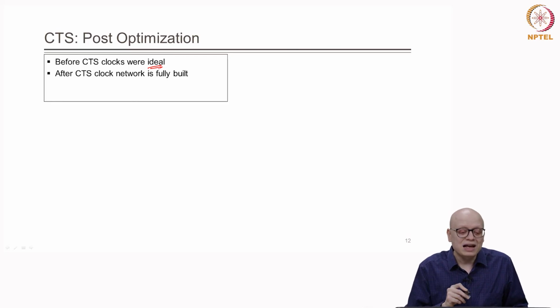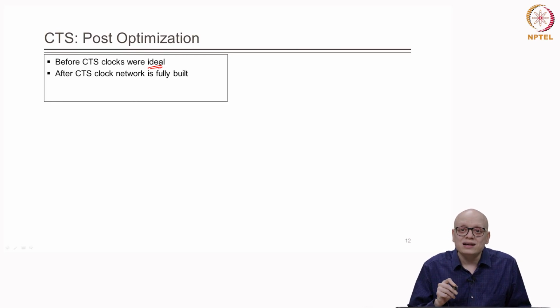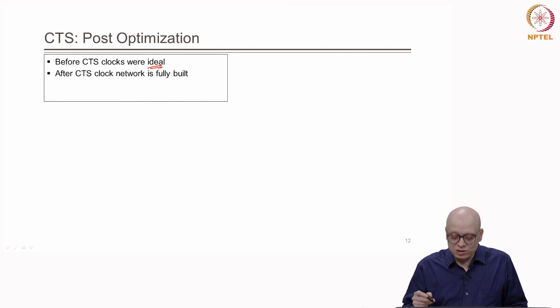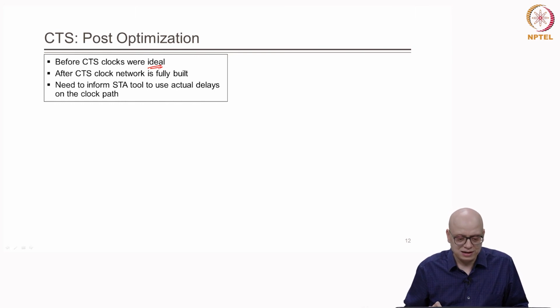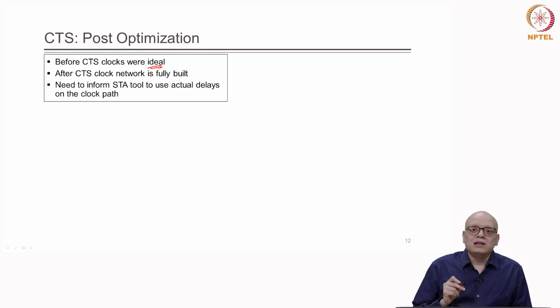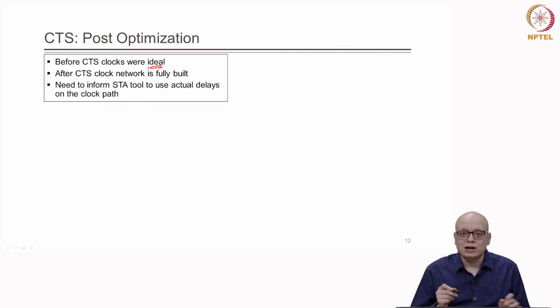Once we have built the CTS, we can actually compute the delay of the circuit elements in the clock network, and based on that we can do the timing analysis. So, the timing analysis will be more realistic because the clock network has already been built and actual delays on the clock path can be accounted for.